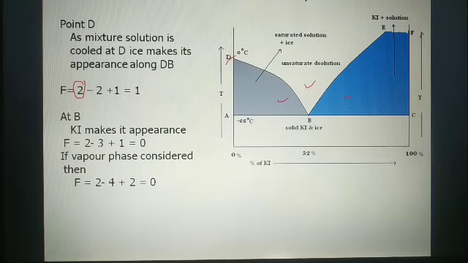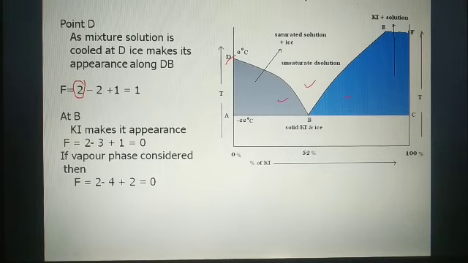One is solid KI, another is the ice, another is the solution. Then degrees of freedom becomes equal to 0. So it means it is a non-variant system.